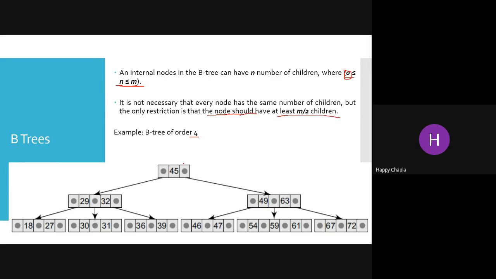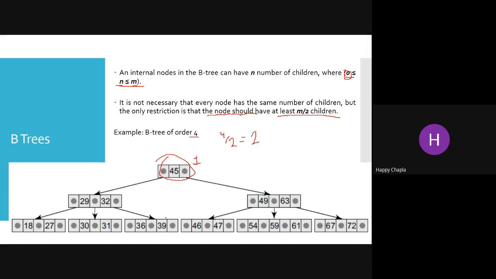We discussed that. So in the root node, 1 is allowed. That means only the root node can contain one child or one key value. If the root node has only one key value, it's fine, but after that no other node should have just one. At minimum you have to insert 4 divided by 2 values at the same node, so at least 2 values. If it's 3 or 4, it's fine for us.